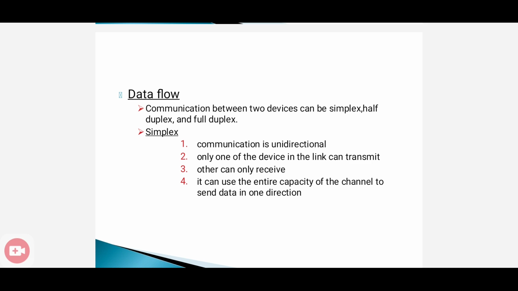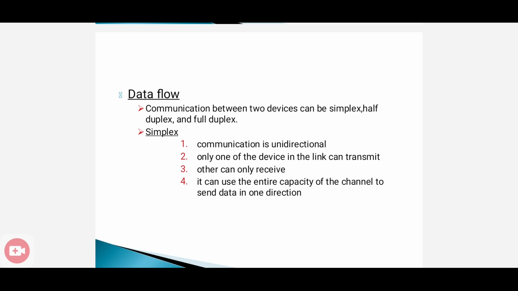First one, simplex. In the simplex method, the communication between the two devices is unidirectional. What do you mean by unidirectional mechanism? Only in one direction. Okay. If there is a sender and a receiver, then the data communication is from sender to receiver only. There is no data flow from receiver to sender, or from the second device to the first device.